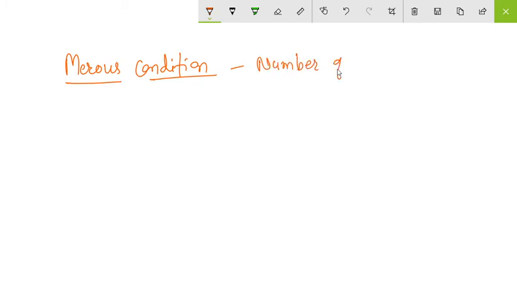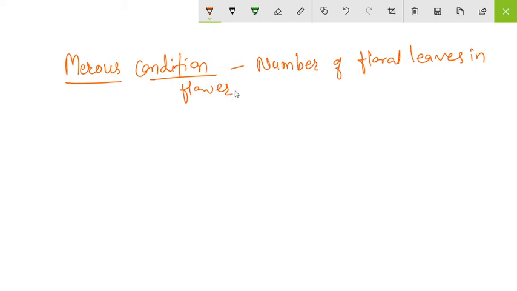the next, that is the merous condition. Merous conditions of the flower. It refers the number of parts present in the flower. Okay, the number of floral leaves in flower.